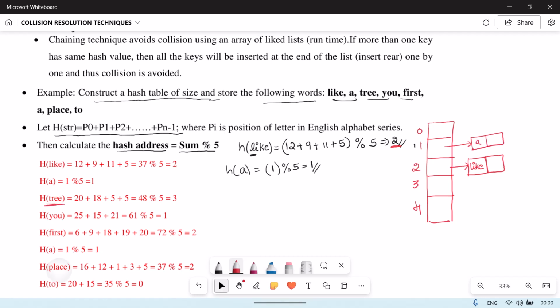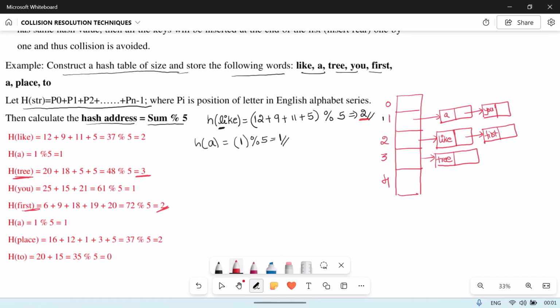Likewise, for tree, the hash value is 3, so in 3 you will write tree. For U, it is 1. So 1 is already occupied, but you don't have to worry. Here you draw a node and write U like this. Then you have first. First has the hash value 2, so here first will come.